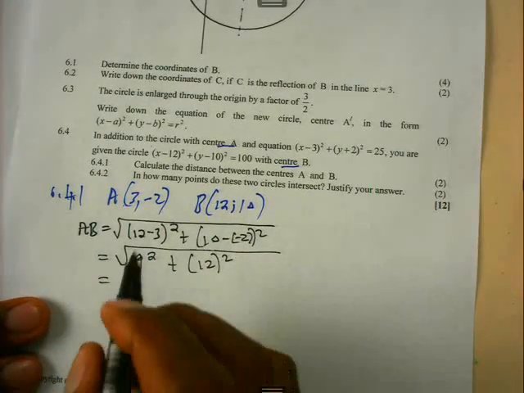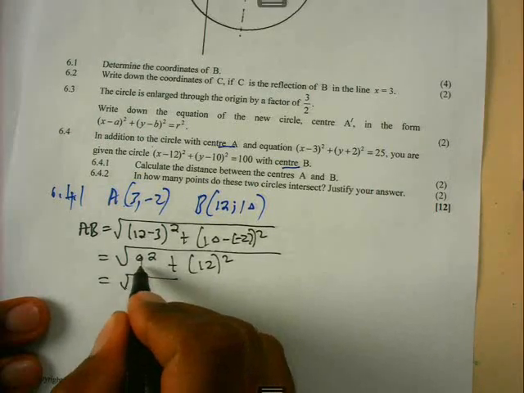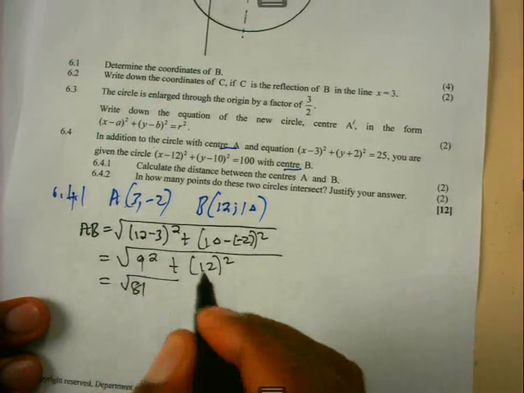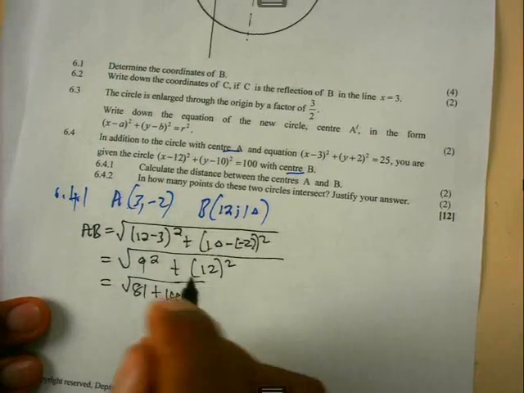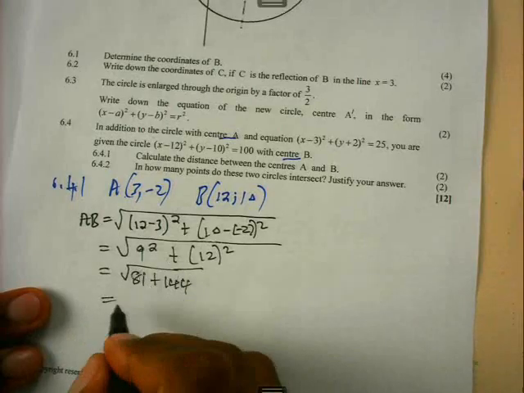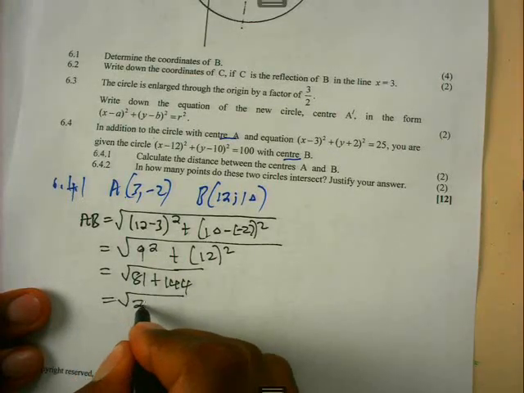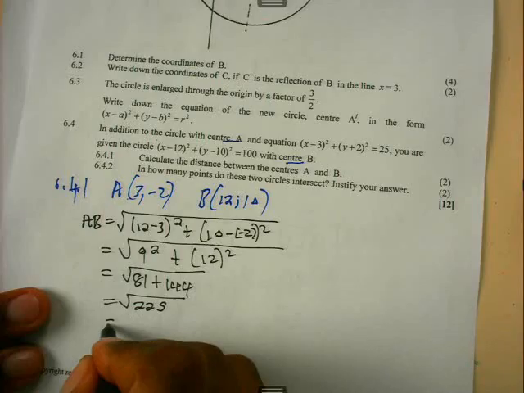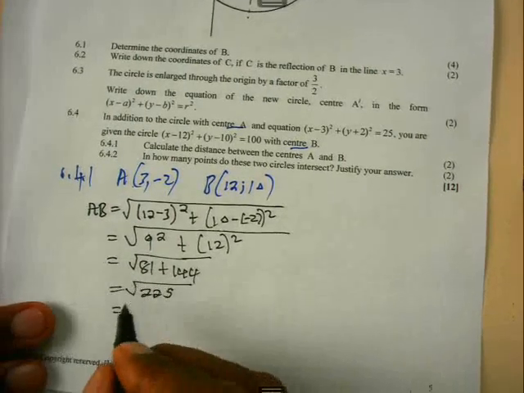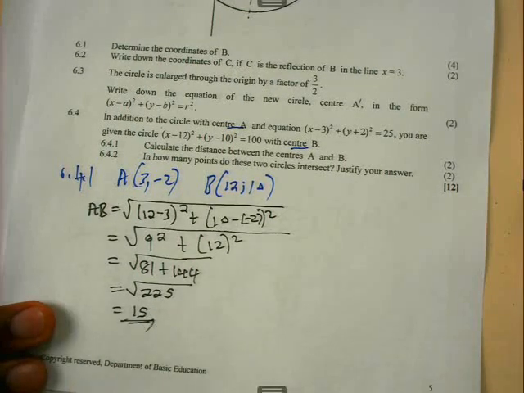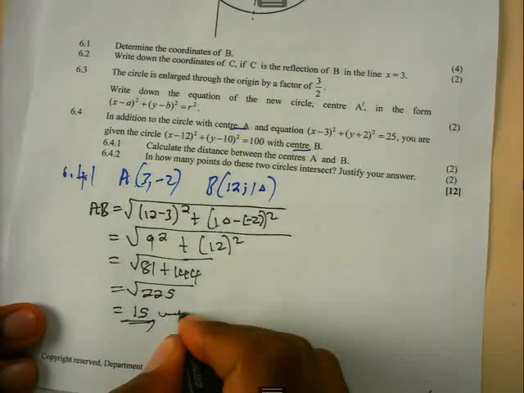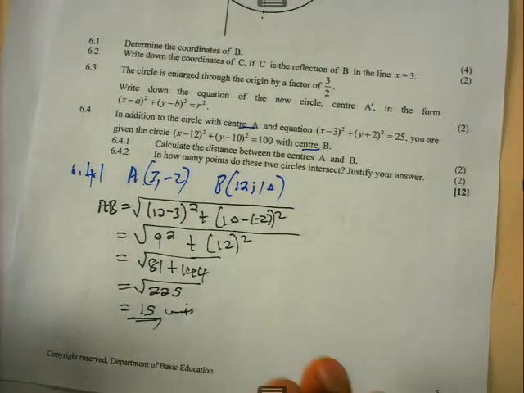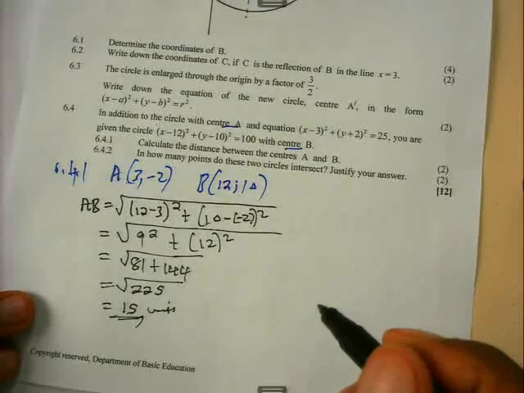From here we can say 9 squared is 81, plus 12 squared is 144. When you add the two, we get 225. And the square root of 225 is 15. It means the distance between the two centers A and B is 15 units. Good, that is question 6.4.1.